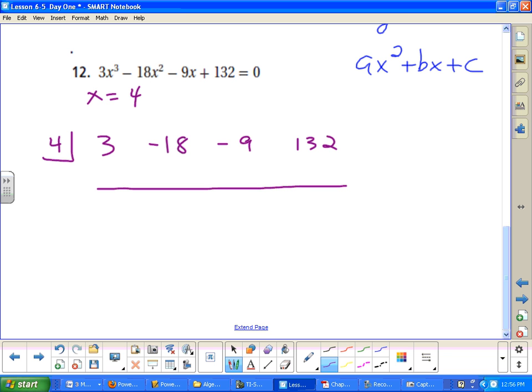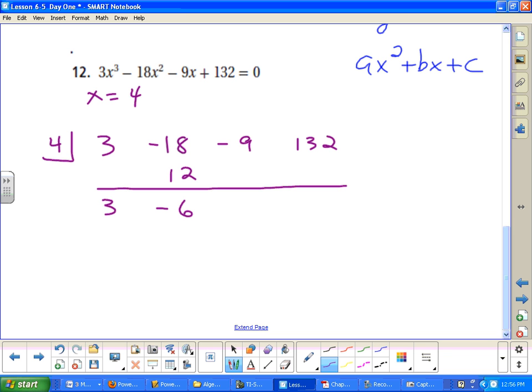No, it's 4. 4 is the zero that we found, so we use that number. So we bring down the 3. 4 times 3 is 12, so we get negative 6.